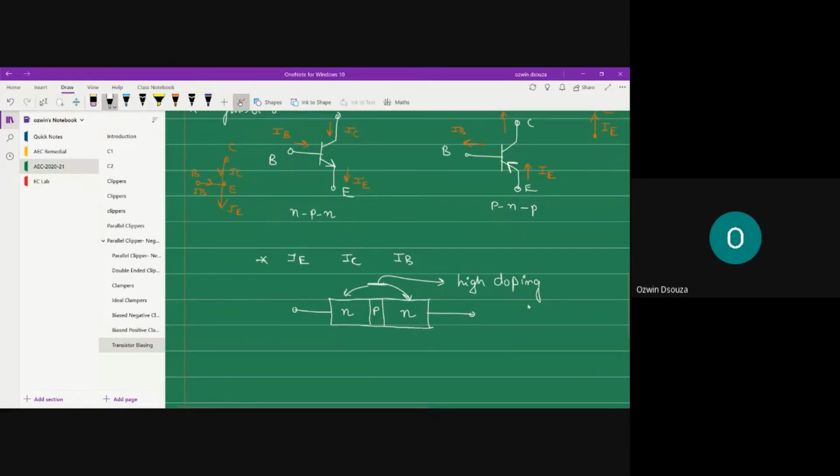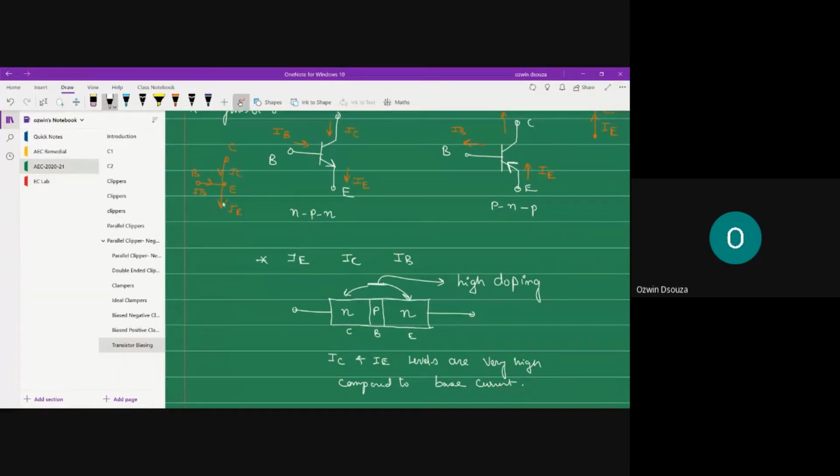Let's say this is the base terminal, this is the collector terminal, this is the emitter terminal. Due to high doping, your collector current and emitter current levels are very high compared to the base current.